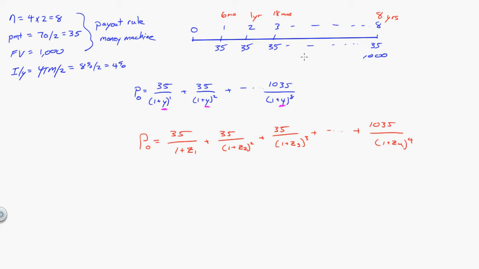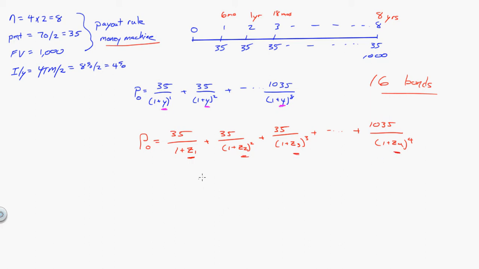So I really don't think of this as one bond or one money machine. I think of this as 16 bonds making 16 separate payments at 16 separate times. So how do I know how to price this? Well, I need a way to find what these Zs are. And that's what we're going to do next.